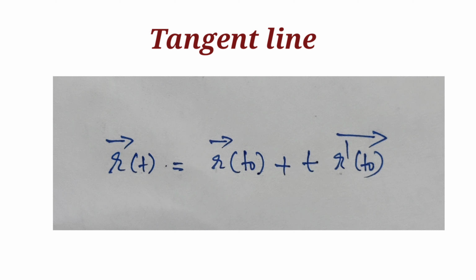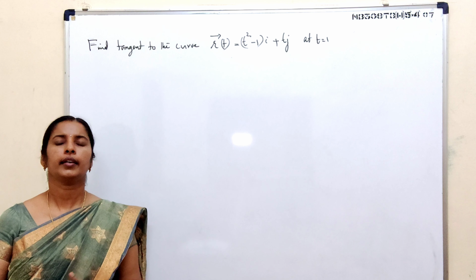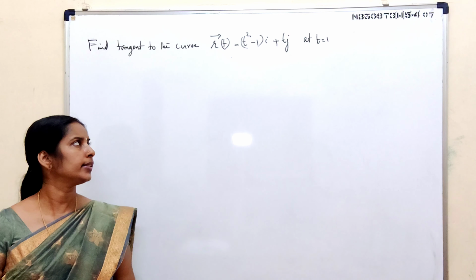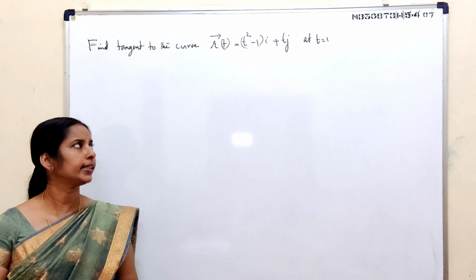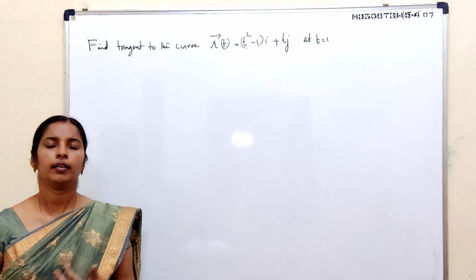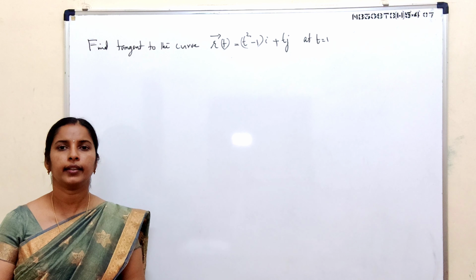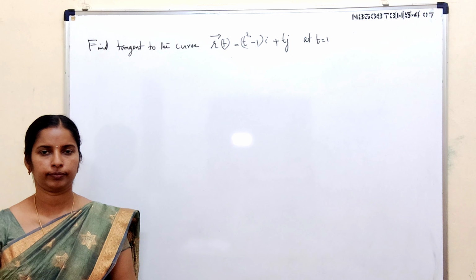Let me illustrate how to find the tangent, tangent line and parametric equations of the tangent line of a given curve in problems. Here we have to find the tangent to the curve vector r(t) = (t² - 1)i + tj at t = 1. We know how to find the tangent of a curve at a given t = t0.